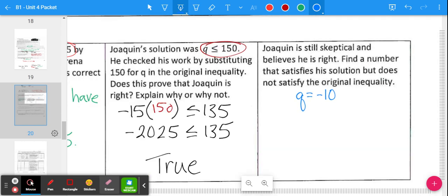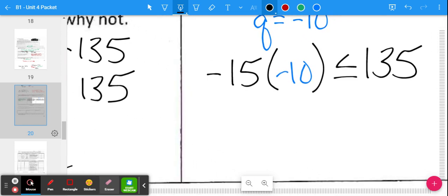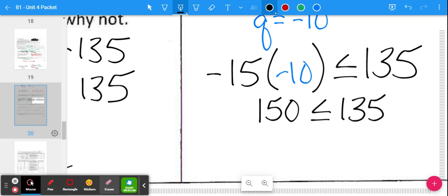So if we plug that into the original inequality, we have negative 15 multiplied by negative 10 should be less than or equal to 135, unless it's not a solution. So negative 15 multiplied by negative 10 is positive 150. So our statement says 150 is less than or equal to 135.